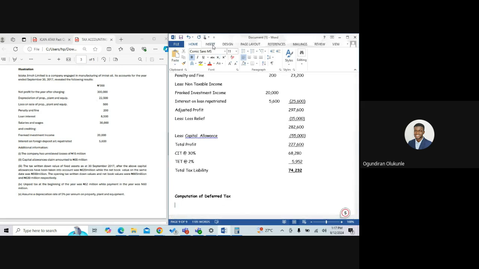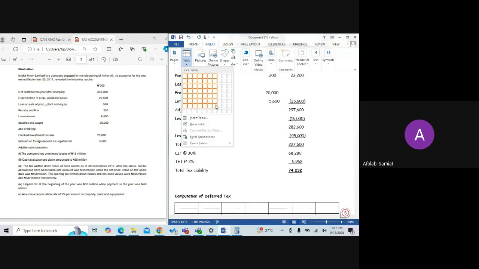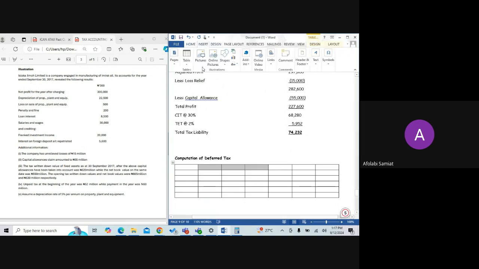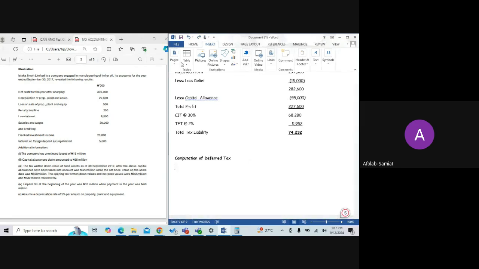So we have, let's put in some tables together.